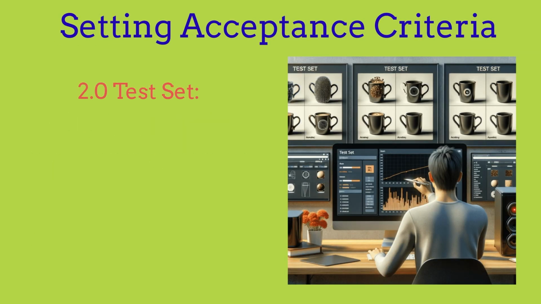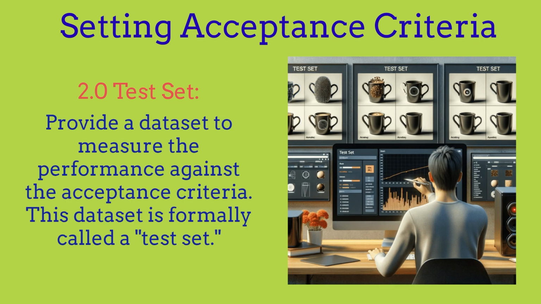Furthermore, the second part is the test set. In this step, you need to provide a data set to measure the performance against the acceptance criteria. This data set is formally called a test set. Once you've got your model ready and you're ready to test it out, you provide a test set to it. Taking the same example of the coffee mug, once our model is ready, we provide a set of test data to test if we get the performance accuracy we needed.